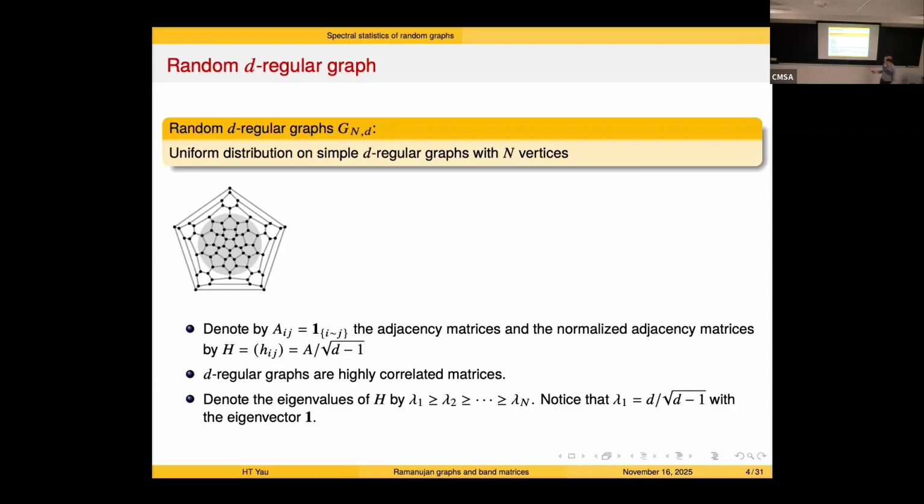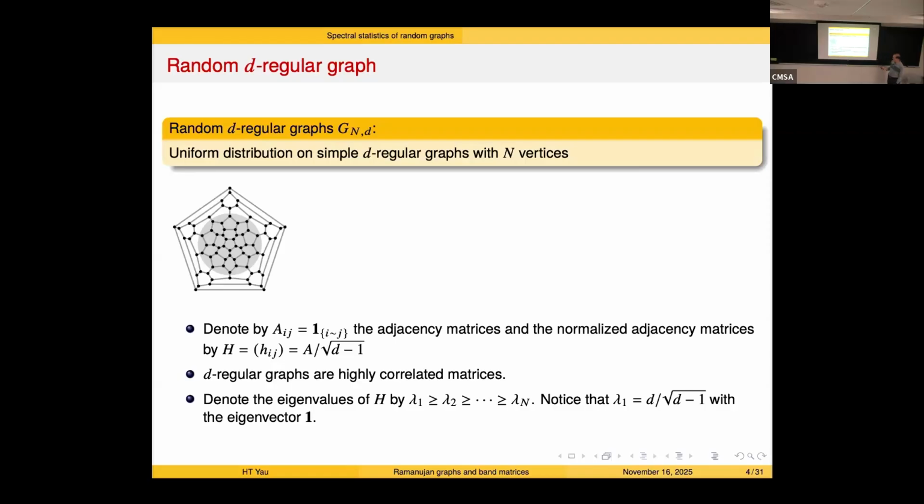Once again, you put the eigenvalues in decreasing order, and you know the first eigenvector is all ones, because each row has exactly 3 ones, so you get exactly d. Then divide by the square root of d minus 1 because of the normalization. Otherwise, the eigenvalue is d. So this is something very simple.